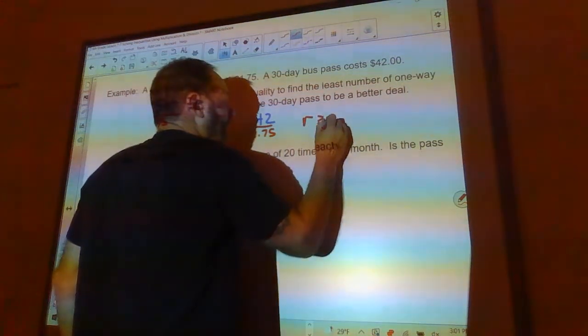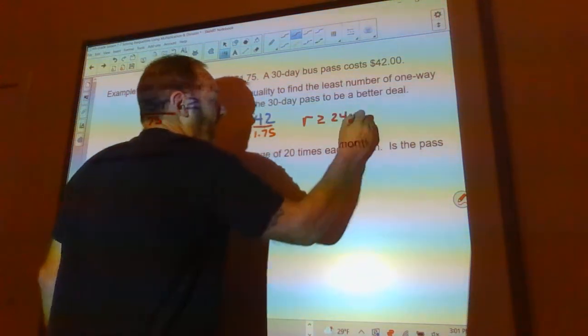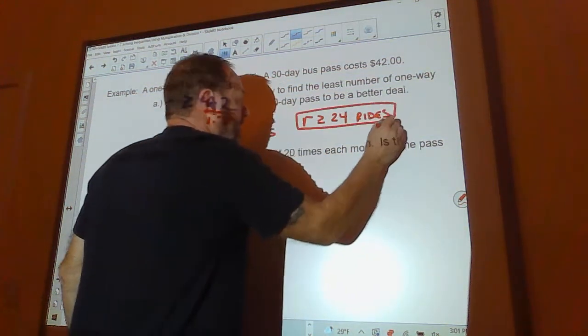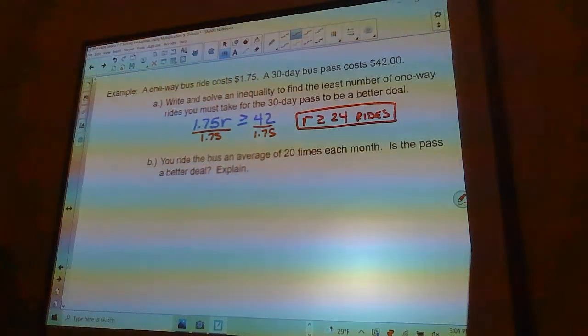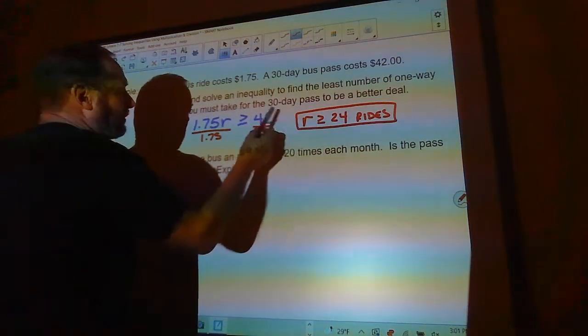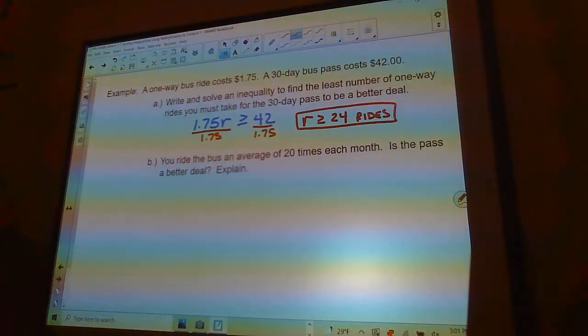So r would be greater than or equal to 24, and that's rides. If I ride 24 times, that's going to be the same cost no matter what. But if I want the 30-day pass to be a better deal, I have to ride more than 24 times.